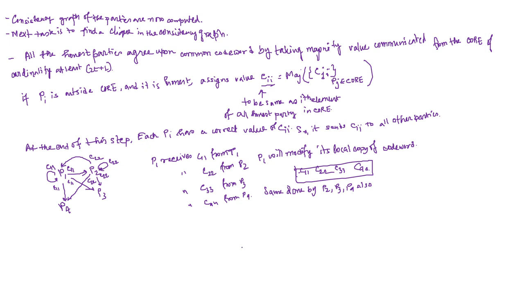So each party individually now performs Reed-Solomon decoding. Each honest pi, to be more specific, performs RS decoding on this c11, c22, c33, c44, right, to get back M0 to Mt, right?